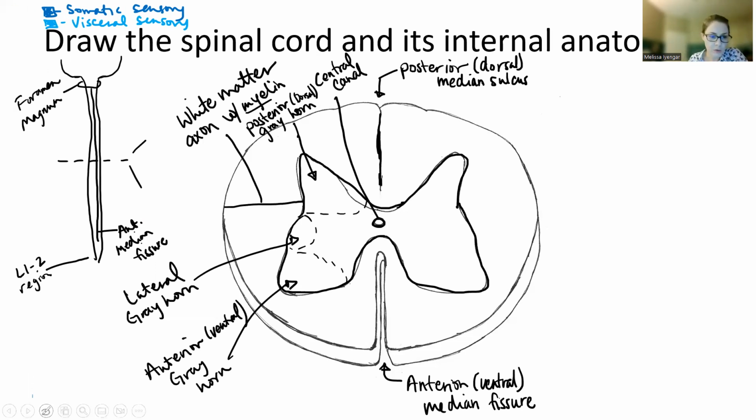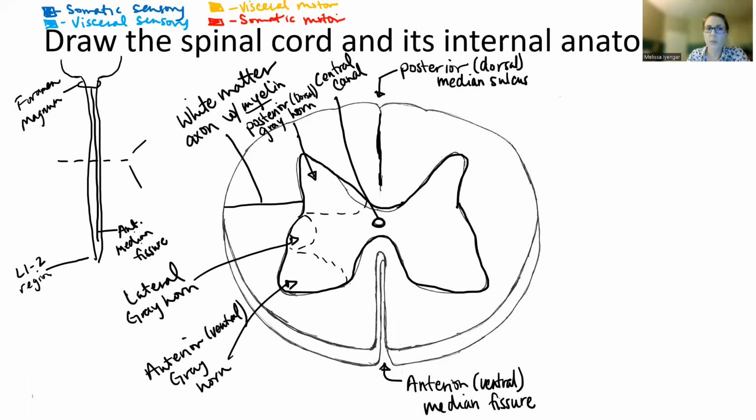Then we're going to use orange for my visceral motor neurons, or representing them. And then I'm going to make red my somatic motor.